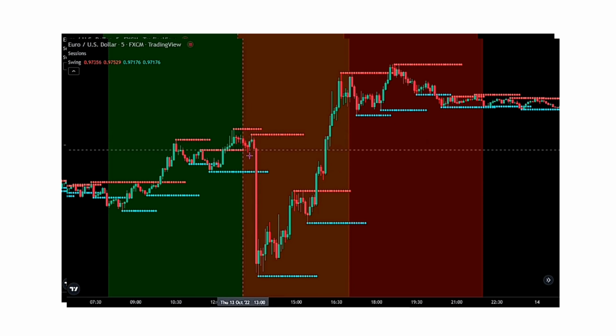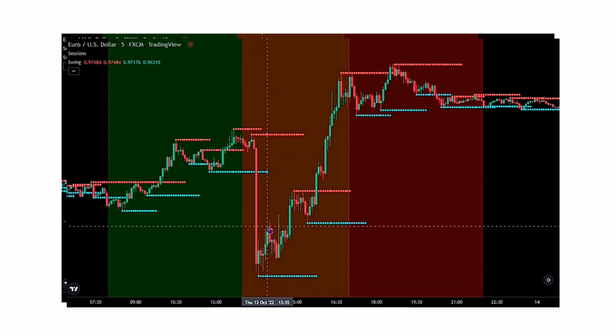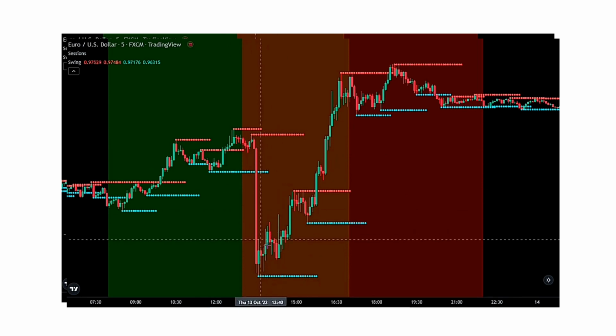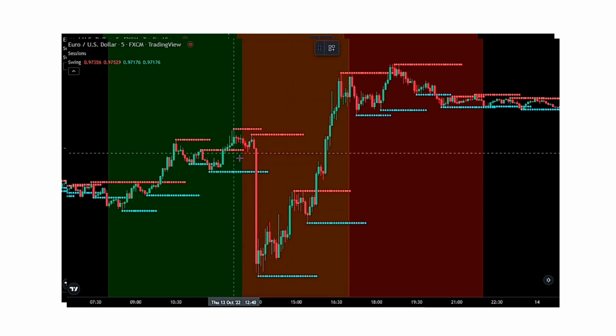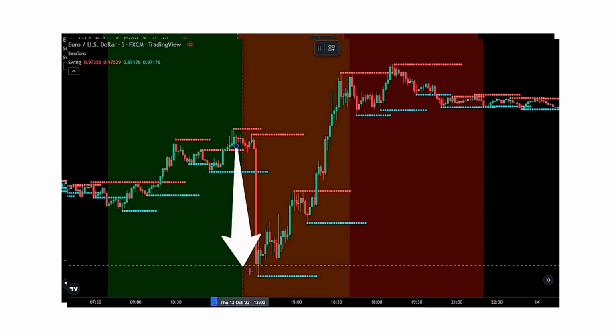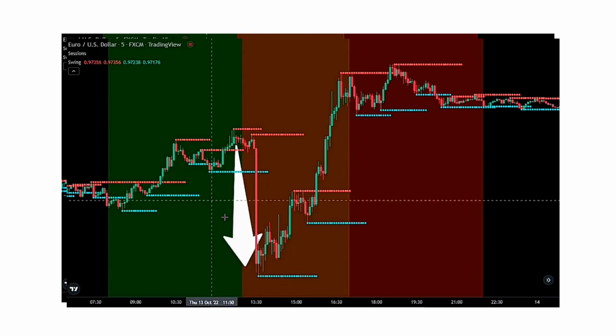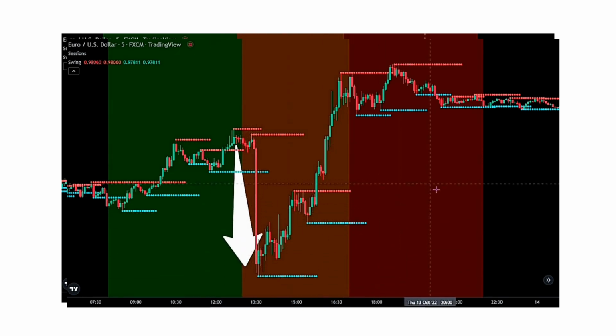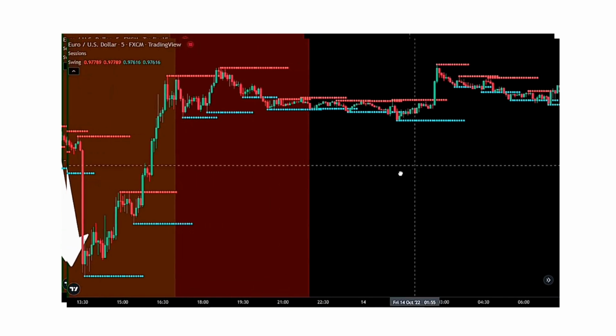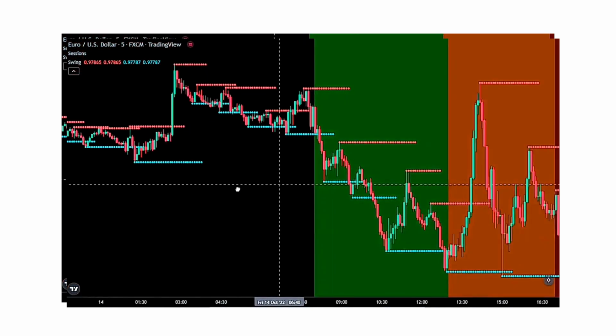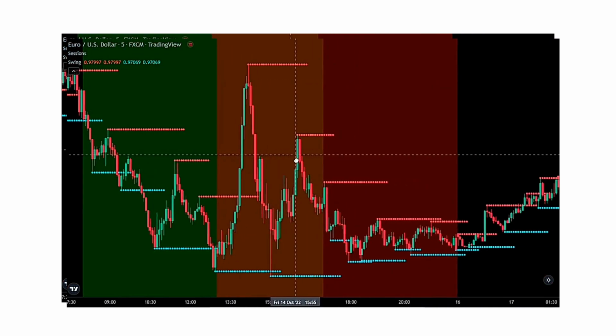Never forget to use a stop loss whenever you make this type of trade, because it's a risky one, and yet still, very profitable. So if we had our sell at this point, then look at the massive gain we would have achieved, as our trailing indicator would have given us the signal to leave the trade at some point around here. And remember, the same applies when price is sitting below the support before the start of New York. Moving on.